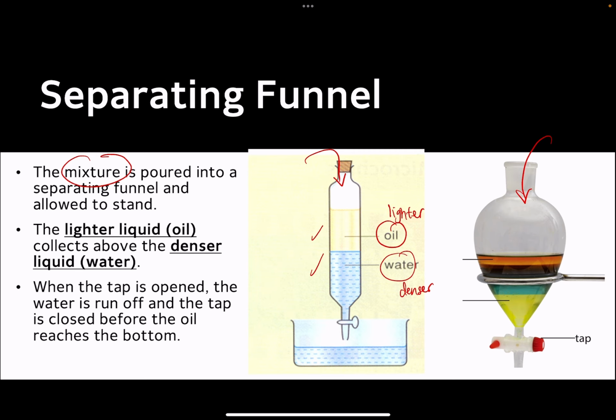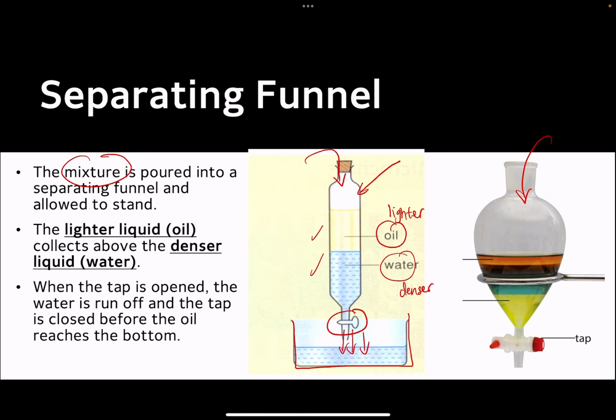All you need to do is place a container below the separating funnel. This is the separating funnel, by the way. Then turn the knob to release the liquid. So water will come out.